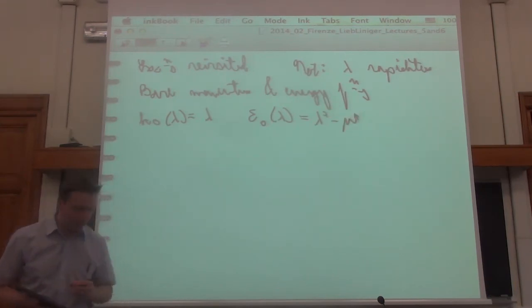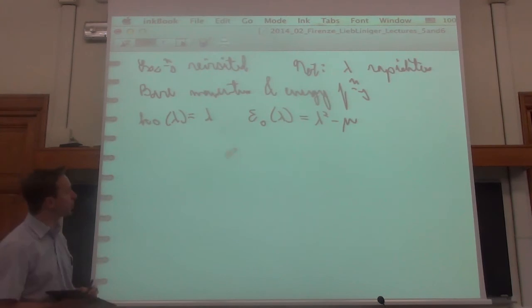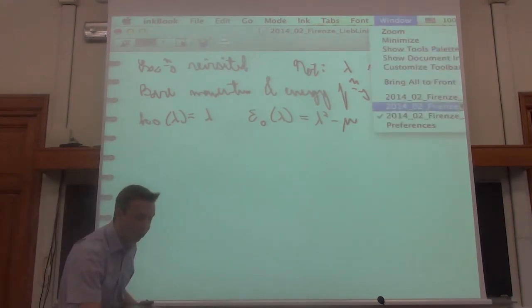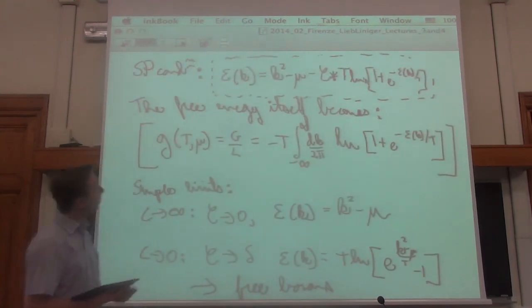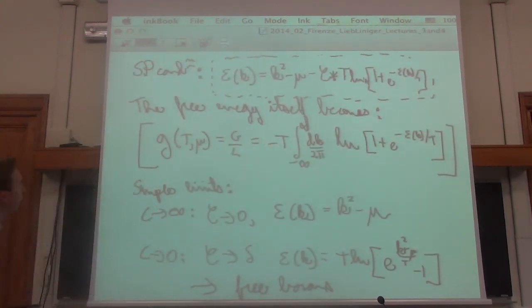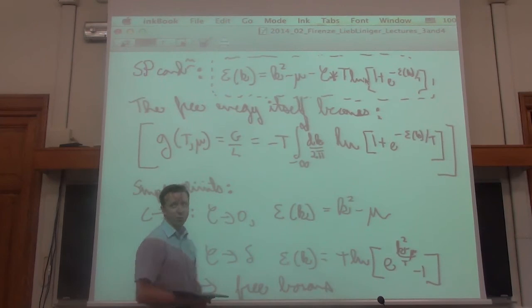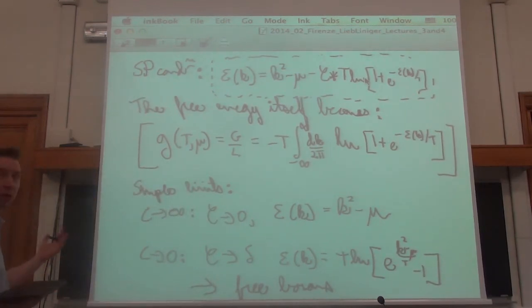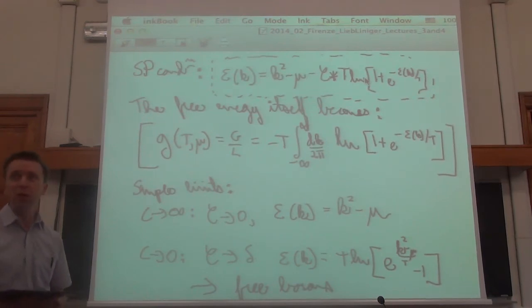Okay, so then when we look at the zero temperature limit of our Yang-Yang equation, essentially we observe the following fact. So there's a chemical potential in there that we would take to be some positive number if your interactions are very, very small, and otherwise can be of any sign. But the point is that the function epsilon of k for positive mu, you expect it to change sign at some value of k. Right?